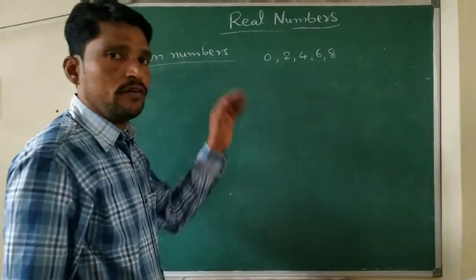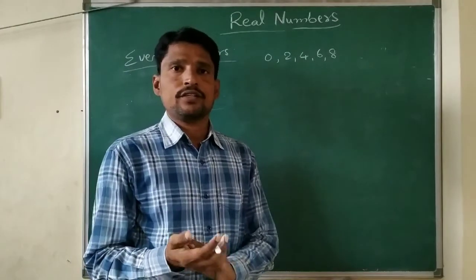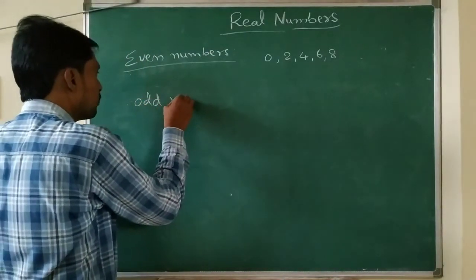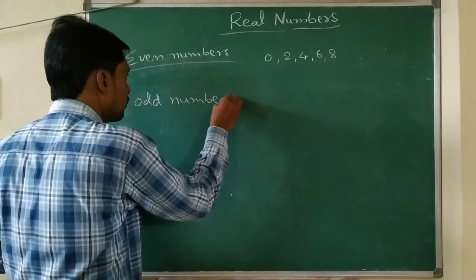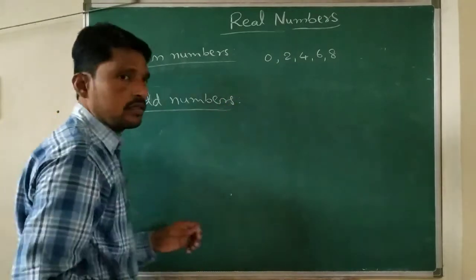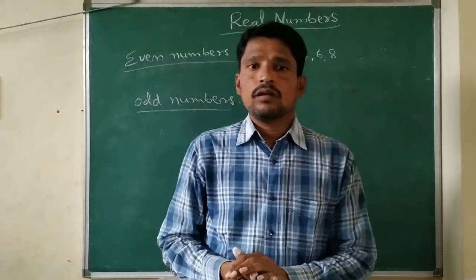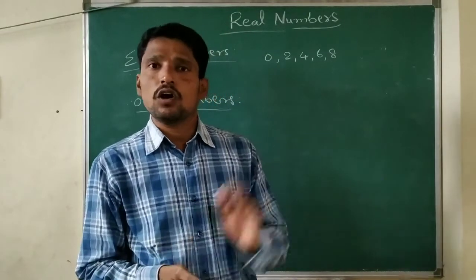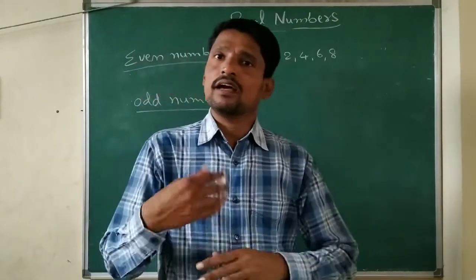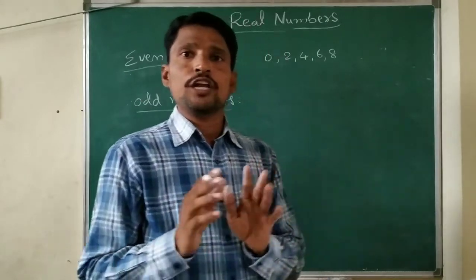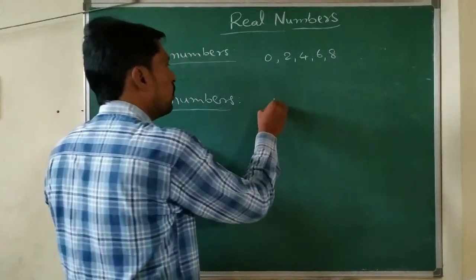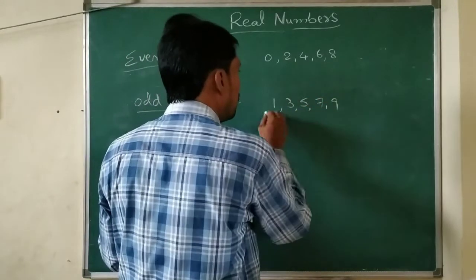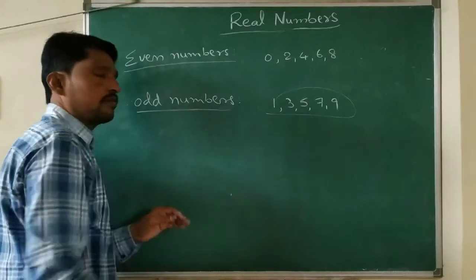Next one is odd numbers. What are odd numbers? The numbers which are not divisible by 2 are called odd numbers. In another way, the unit place must be 1, 3, 5, 7, 9.